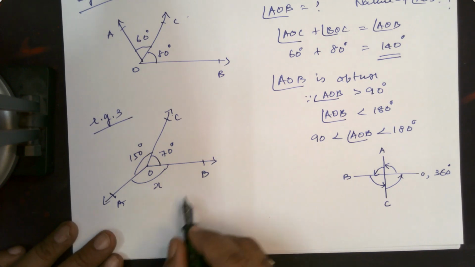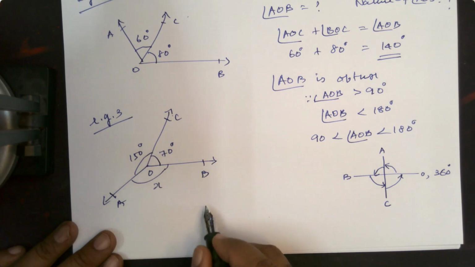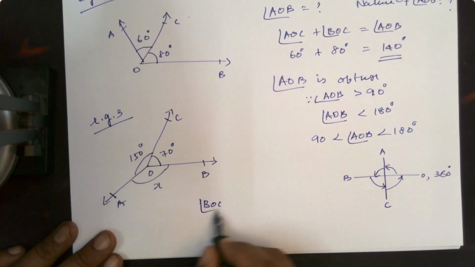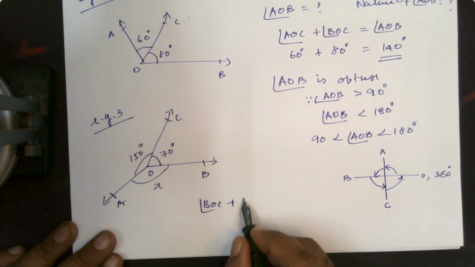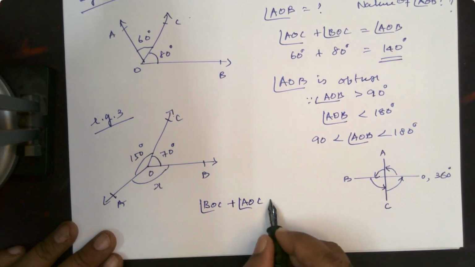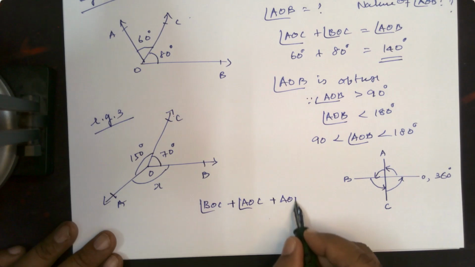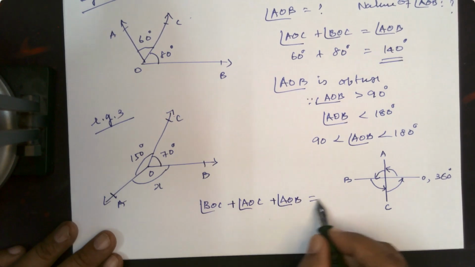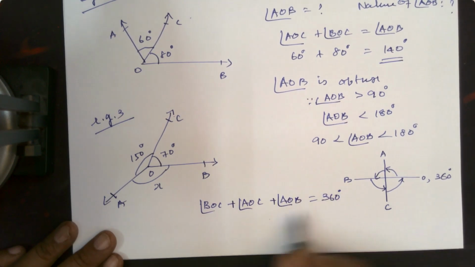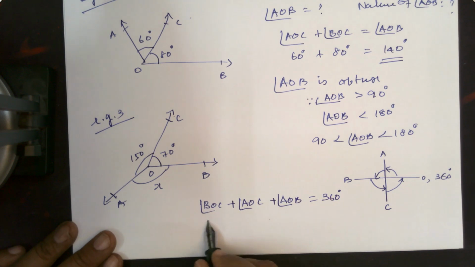So let us call it, what is BOC? BOC plus AOC plus AOB is equal to 360 degrees. What is BOC here? 70 degrees.